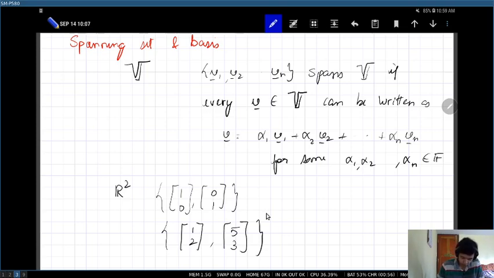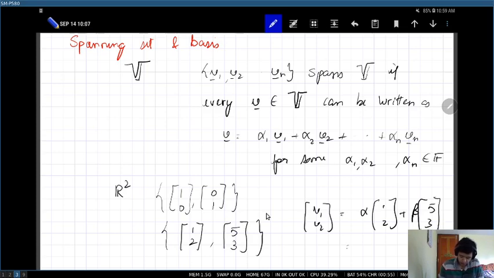You should be able to write any vector V = (v1, v2) as a linear combination: alpha times (1, 2) plus beta times (5, 3), right?